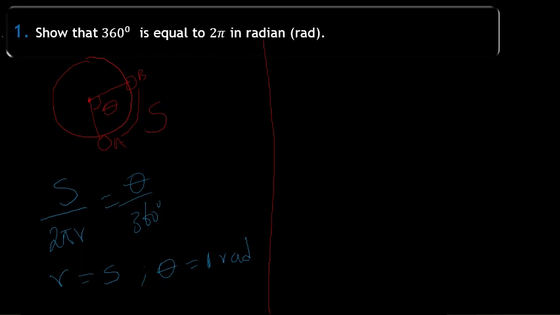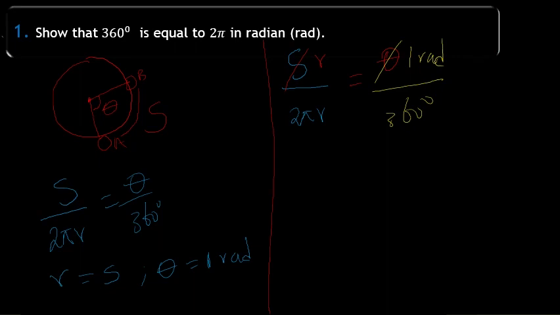So if we plug this in, we have S over 2 pi r, but then I want to cancel the S. Cancel this S and put r, and for theta put 1 rad, all over 360 degrees.